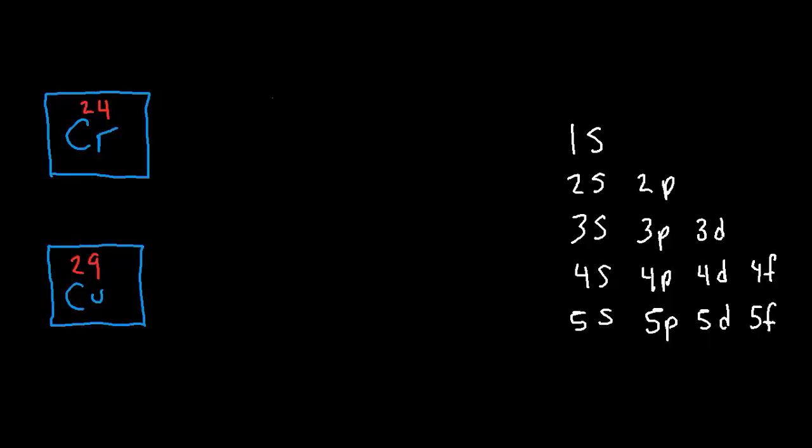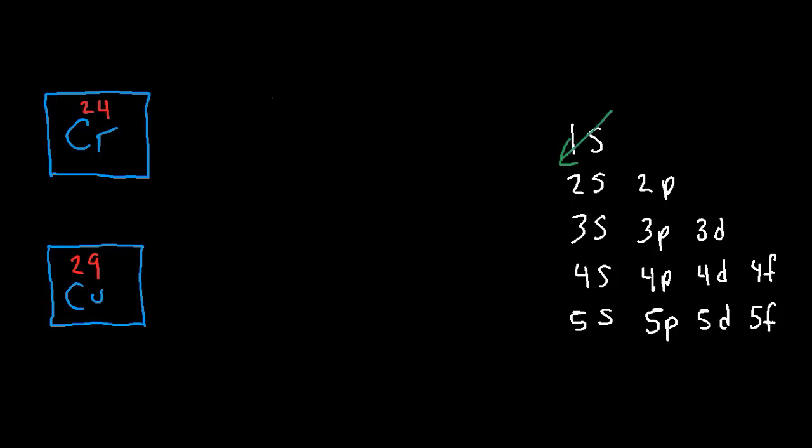Let's see, students, we have to draw the electronic configuration of chromium and copper, which have atomic numbers 24 and 29, meaning that chromium has 24 electrons and copper has 29 electrons. We draw here the possible subshells according to the Aufbau principle, that is 1s, 2s, 3s, 4s, 5s.